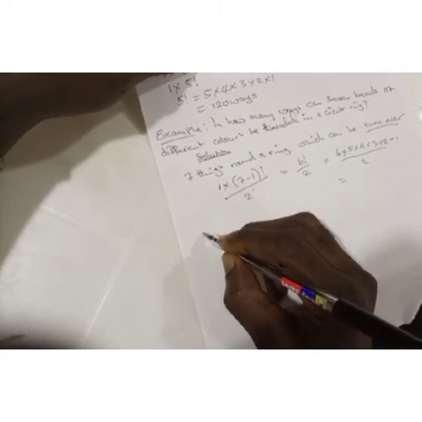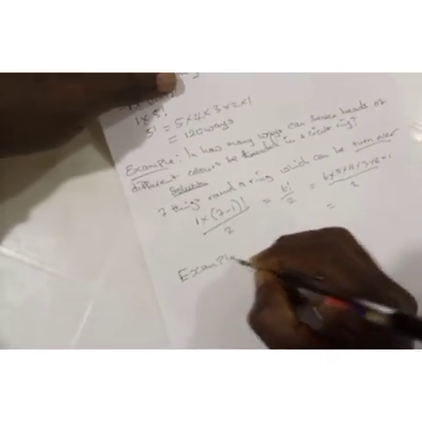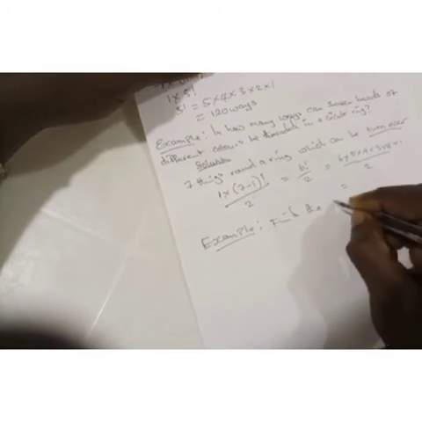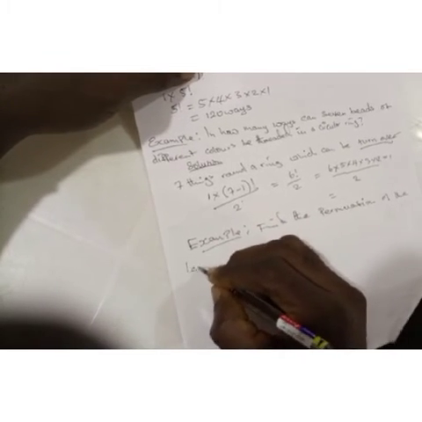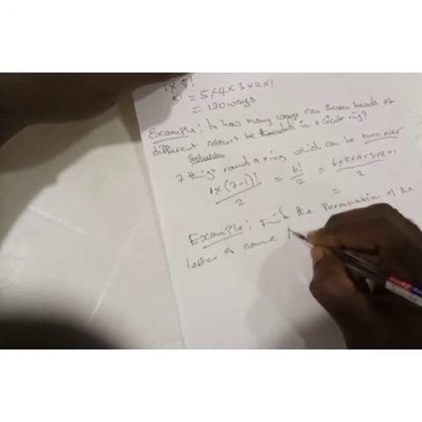Without speaking much grammar, I'll give you an example for the permutation of the letters of the name Adika.